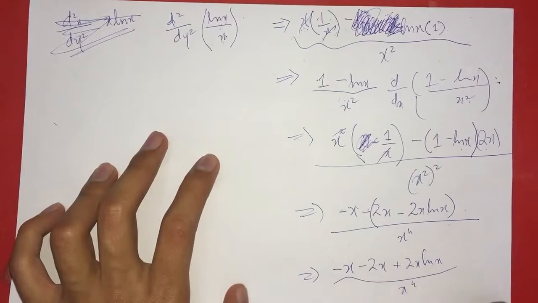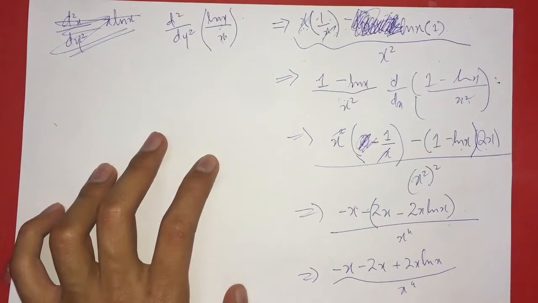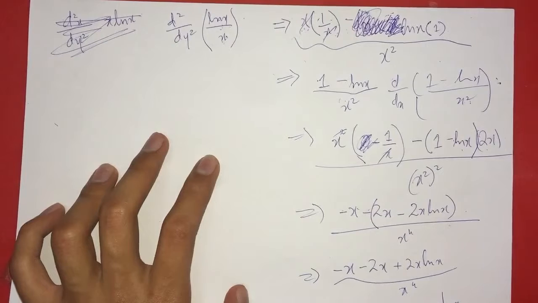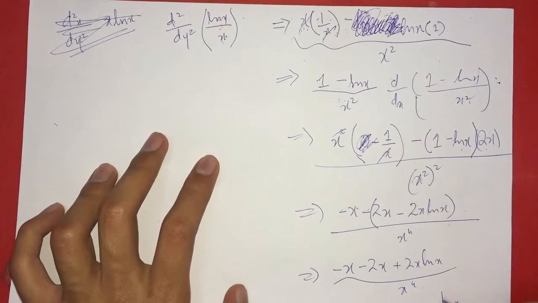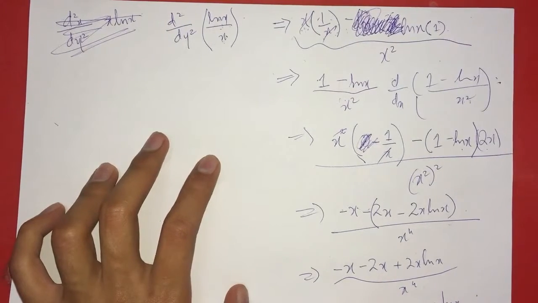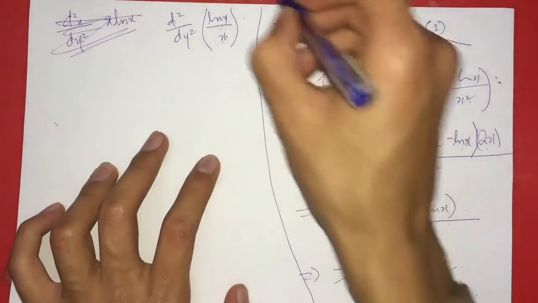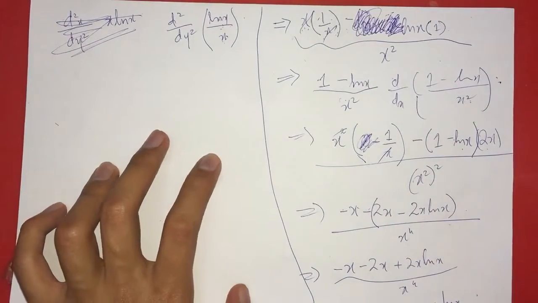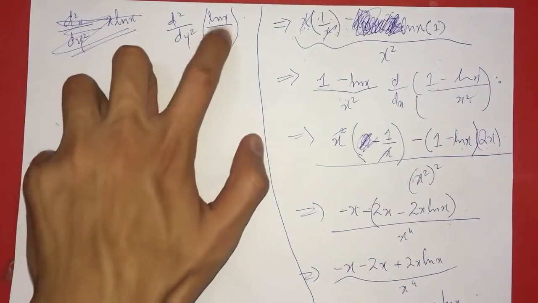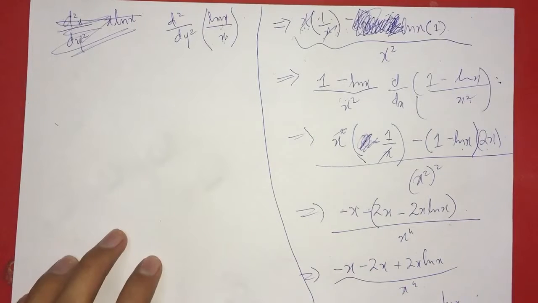This is equal to minus 3x plus 2x log of x divided by x power 4. So this was your double derivative of the log of x divided by x.